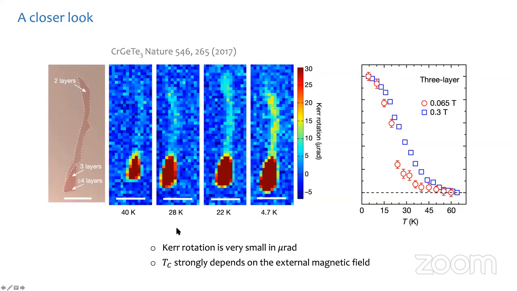So first, let us look into this CrGeTe material. Okay, you see that the Kerr rotation is very, very, very tiny, which is in the microradian order. So that tells us that probably the magnetism here might be very, very fragile. Also, another very important thing which has been observed in this material is that the TC very strongly depends on the magnitude of the perpendicular field.